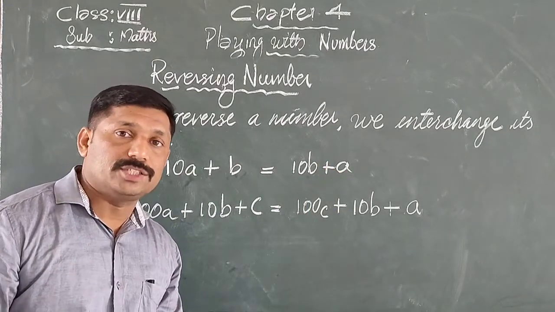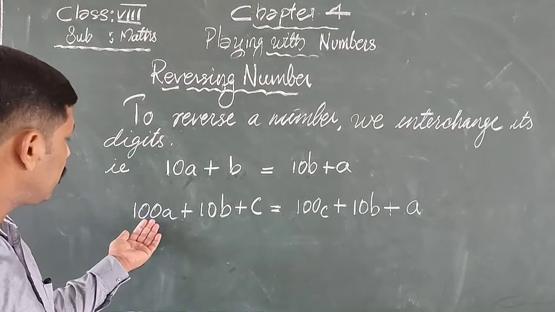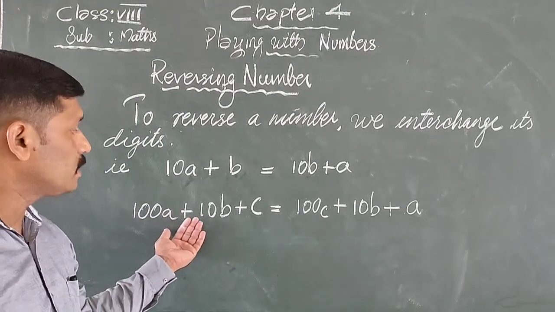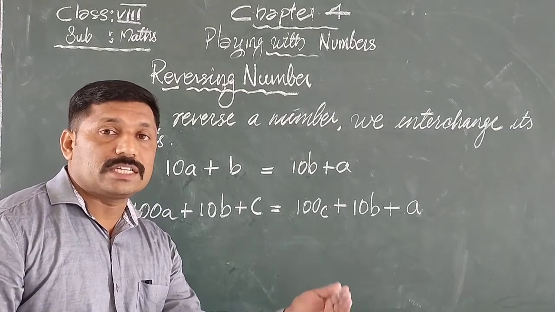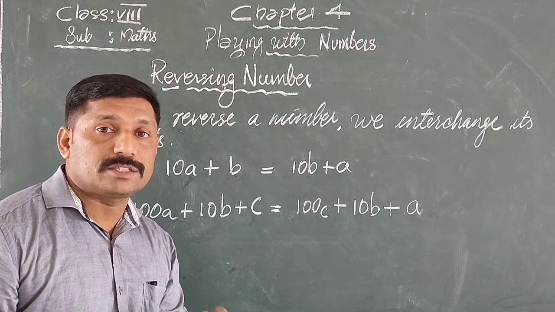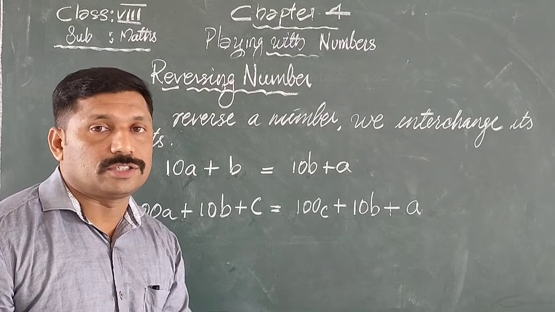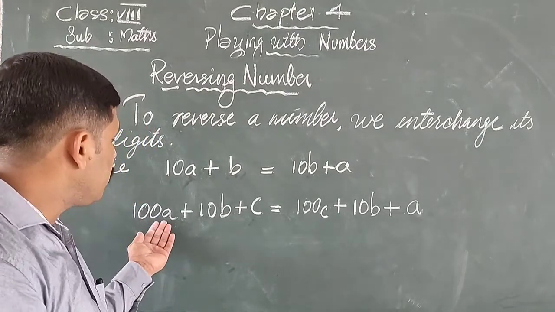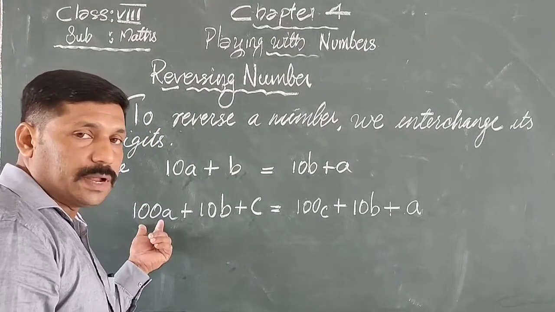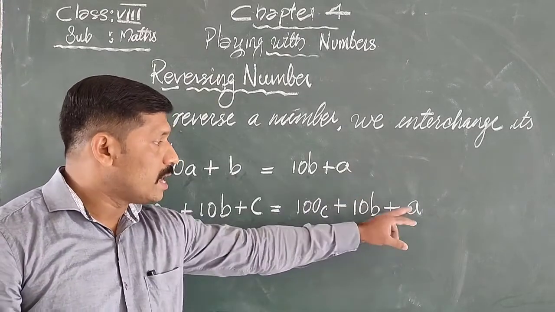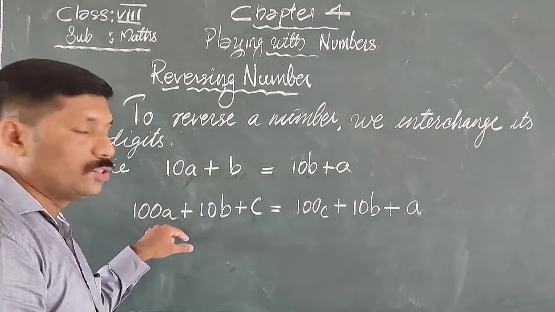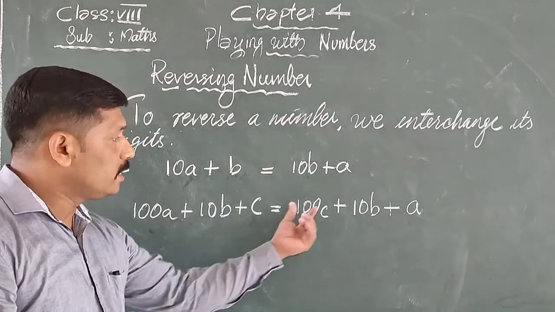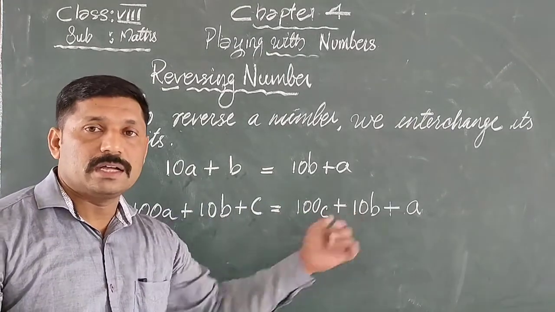And if it is a 3-digit number, example 100a plus 10b plus c, then we interchange its ones place and hundreds place, and the tens place remains the same. This 100a, where a is in the hundreds place, goes to the ones place, and c from the ones place comes to the hundreds place, and the tens place remains the same.